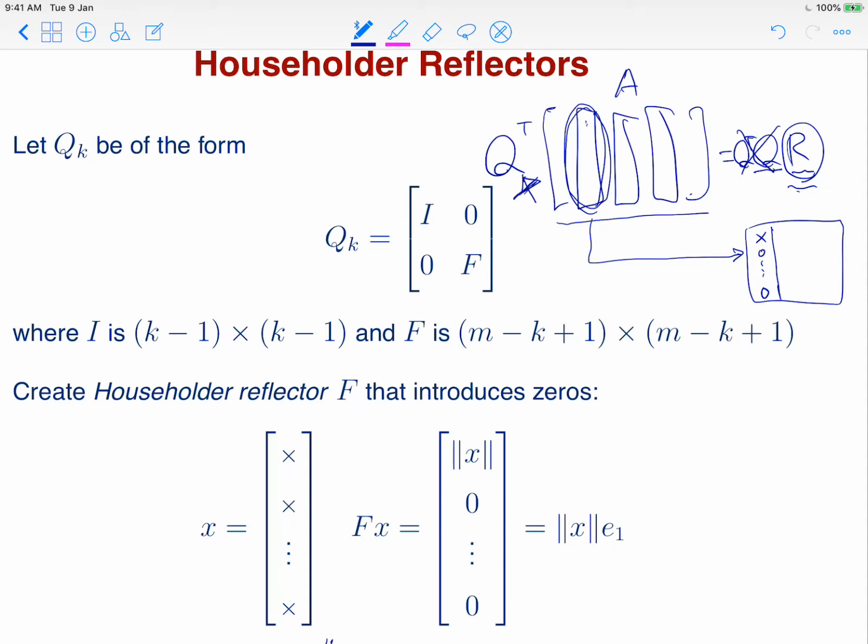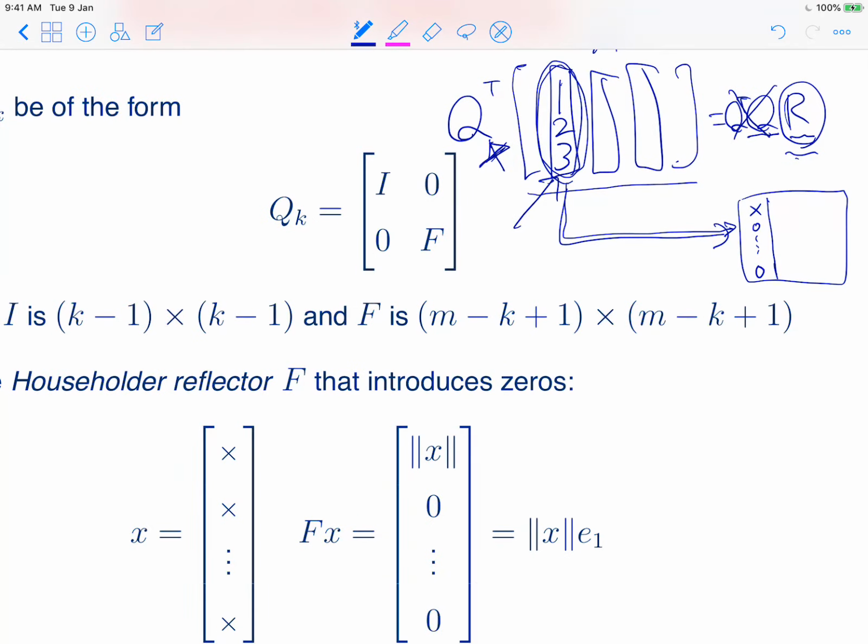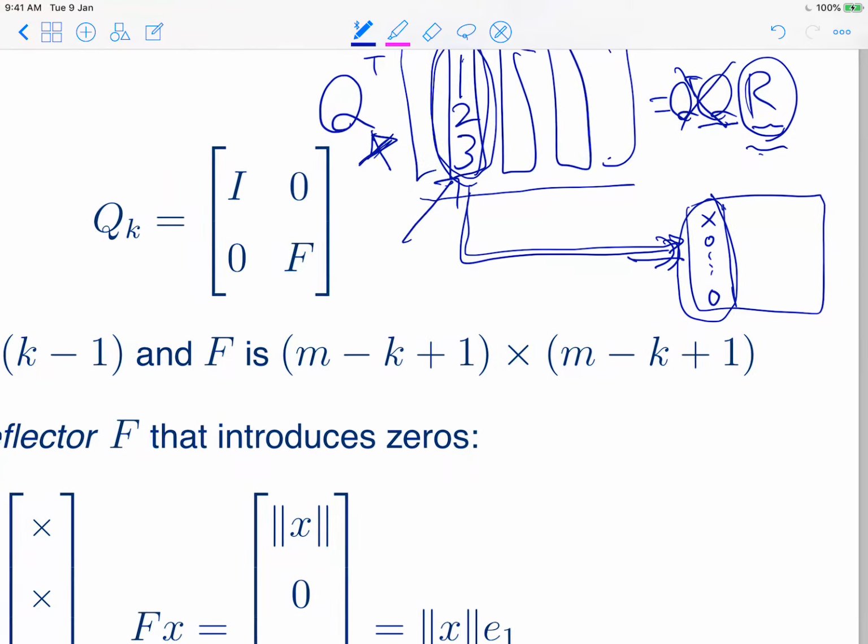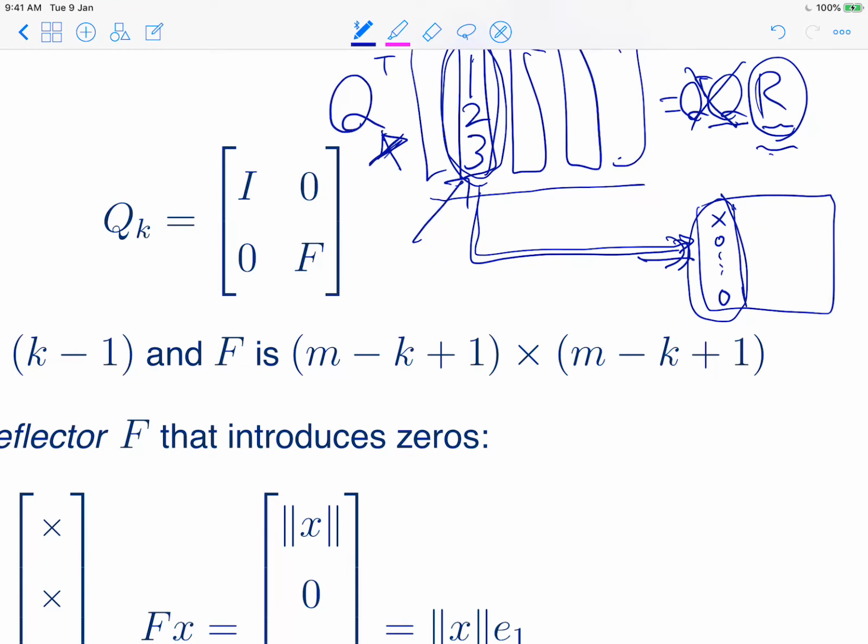Suppose this vector is 1, 2, 3, for example. Let's imagine the reflection that reflects this vector into some vector that has only the non-zero in the first dimension. So let's simplify to the two-dimensional case.